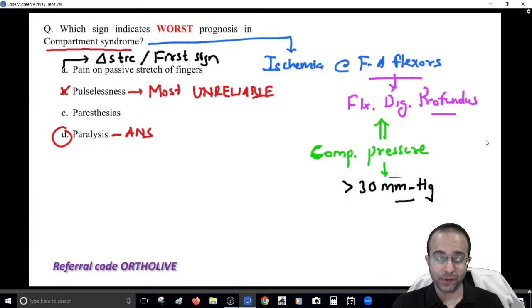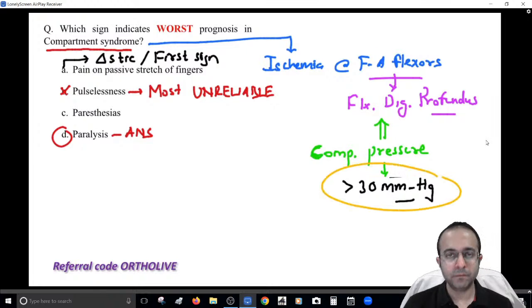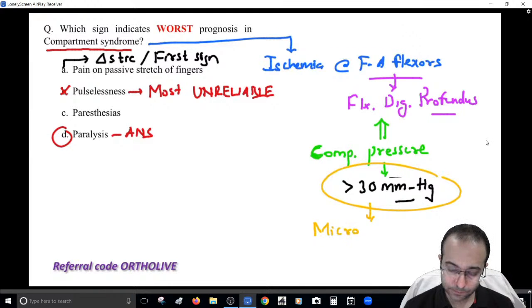MCQ, another MCQ, perfect. Now please, this pressure is too less to block the radial and the ulnar arteries. So actually, the ischemia is because of microcirculation compression, I mean compression of the capillaries of muscles.